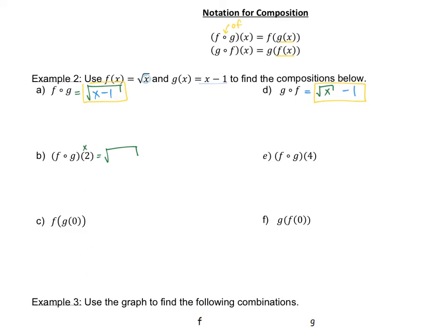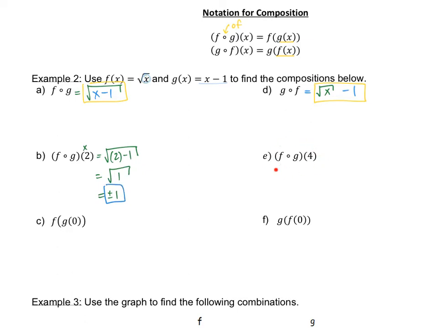So x here is our 2, so we plug in 2 minus 1 inside and work this out. That'd be the square root of 1. 2 minus 1 is 1. The square root of 1 is 1, and so that is our answer. Actually, it's plus and minus 1. I forgot to mention that. So plus and minus 1.